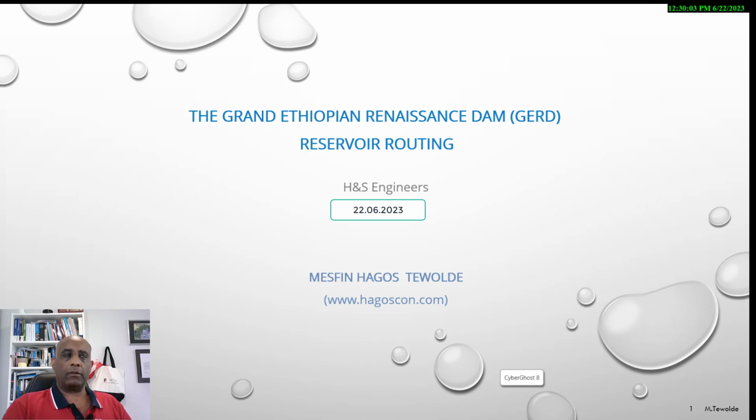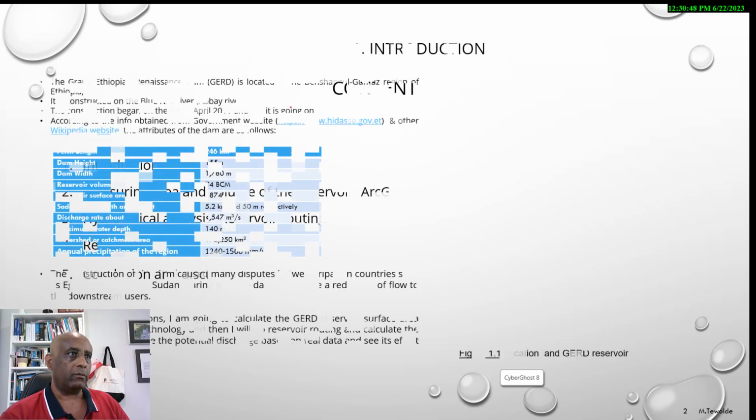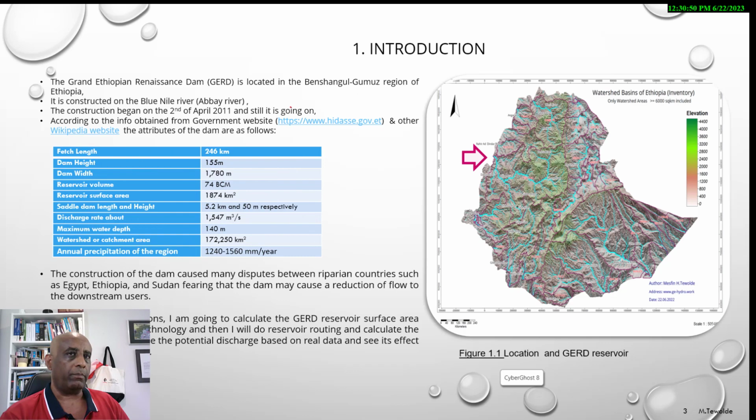As a procedure is simple. So just simply to summarize the previous hydrologic dam design, this was the PowerPoint that I explained.